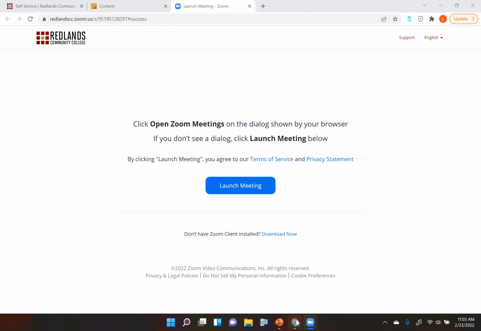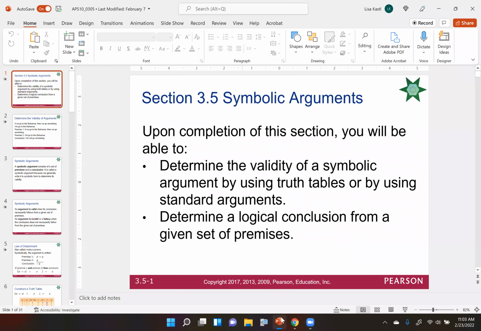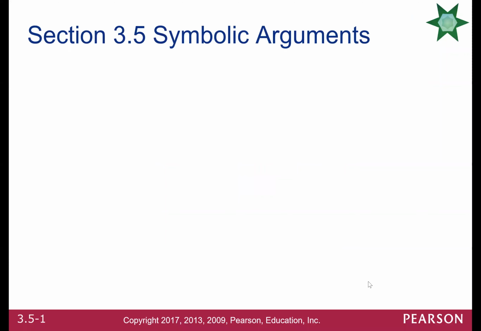All right, so today we are going to finish chapter 3, and we are going to look at arguments. Everything we've talked about so far in chapter 3, we talked about logical statements and truth tables.